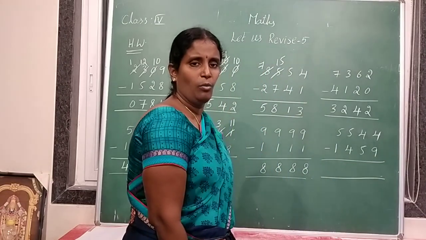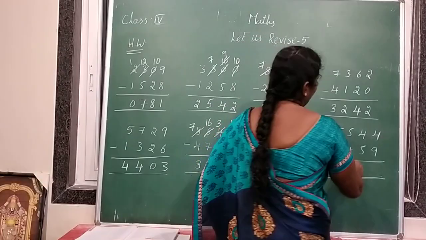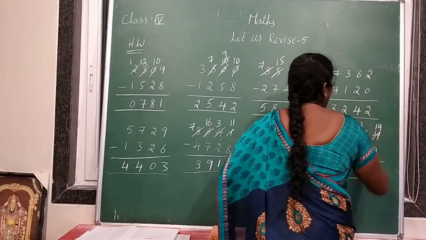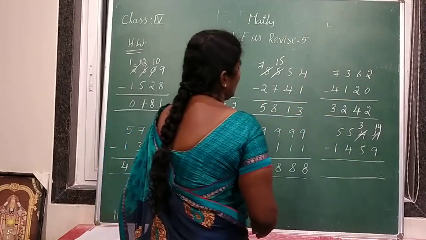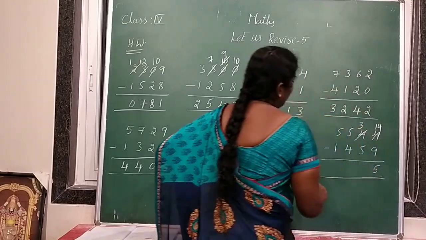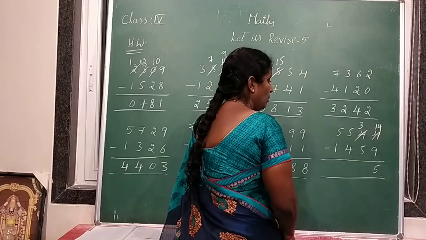And the last one is 4 minus 9. 4 minus 9, how much? Not possible. So borrow from 4. 4 becomes 3 and 4 becomes 14. 14 minus 9, how much? 5. 3 minus 5 is not possible.